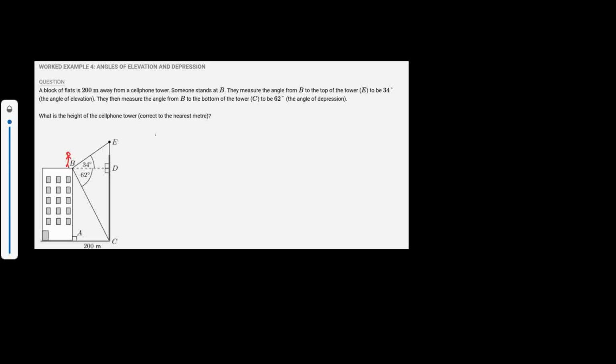We are given that angle CBD is equal to 62 degrees. That is what we are given. Do we know angle ACB? Yes, it is also equal to 62 degrees.